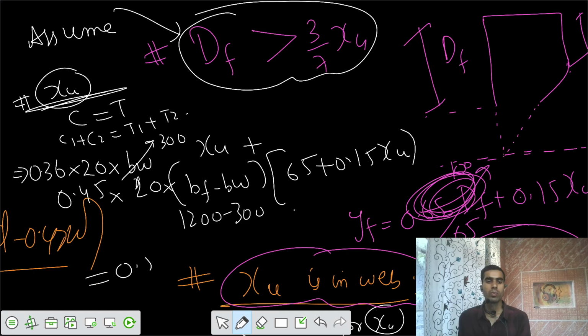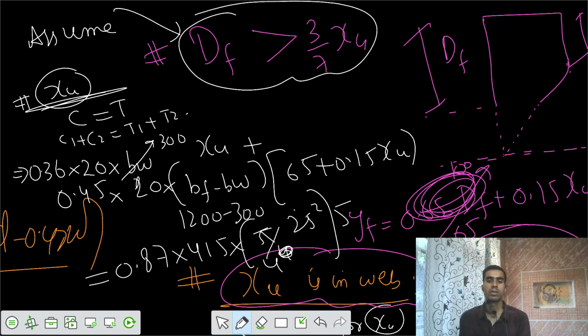This should be equal to 0.87 fy Ast, pi by 4 into 25 square, and we have 5 number of bars.